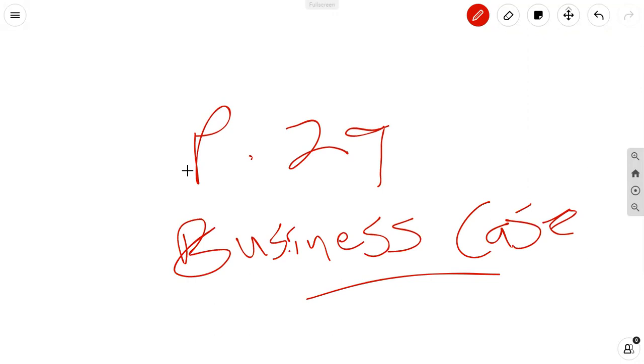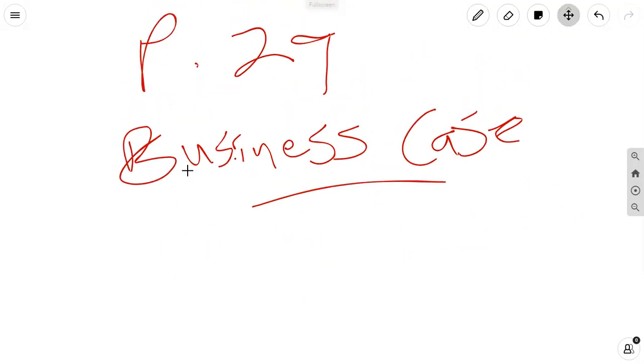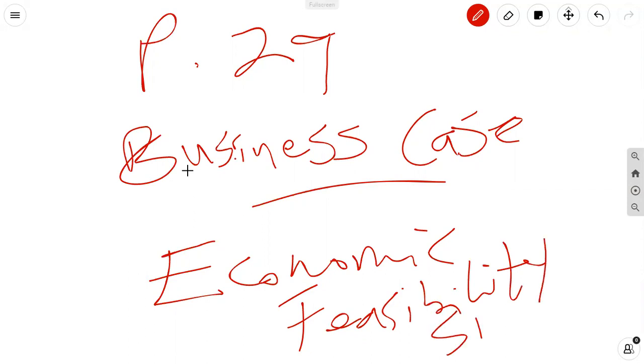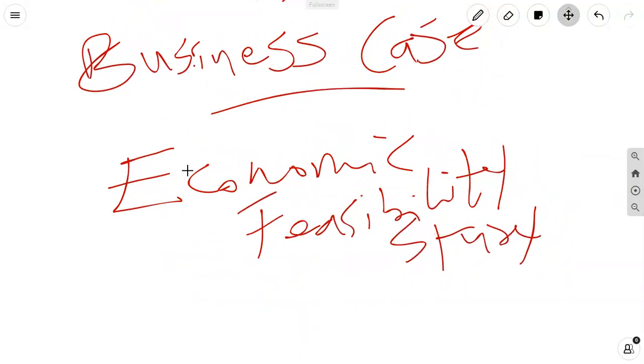If you read there, it says a documented economic feasibility study. You need to keep that in mind. Economic feasibility study. What is a feasibility study? Well, the economic feasibility study will tell you if the project is feasible from an economic standpoint.